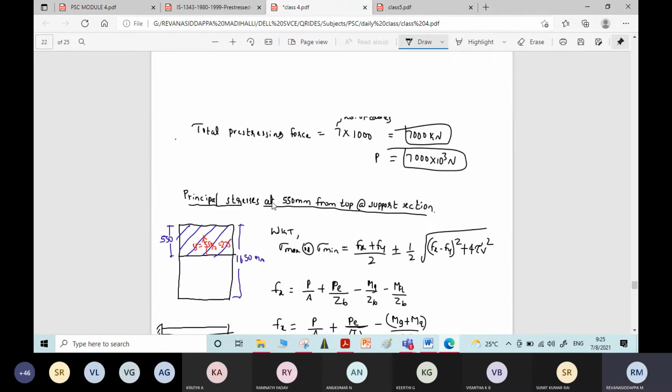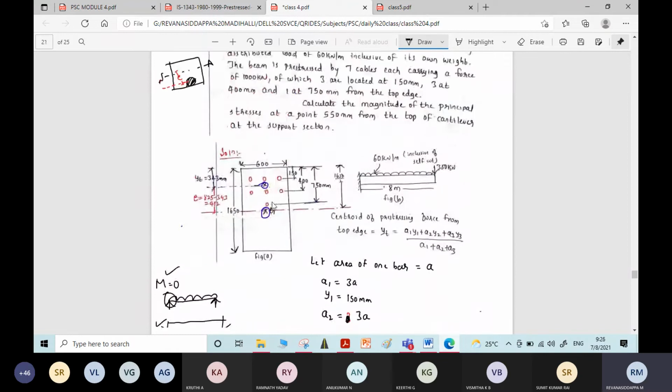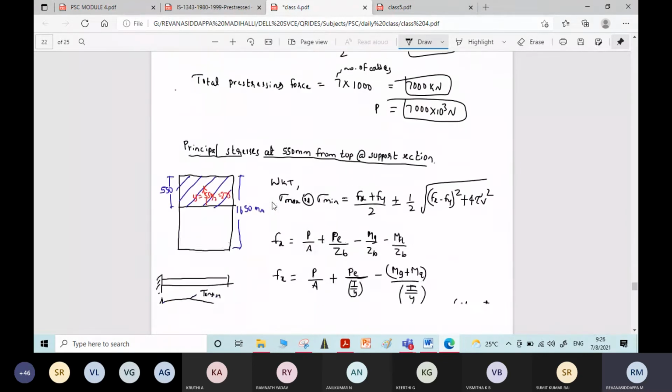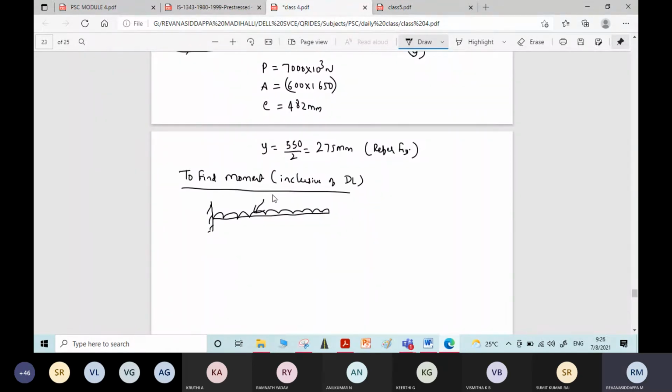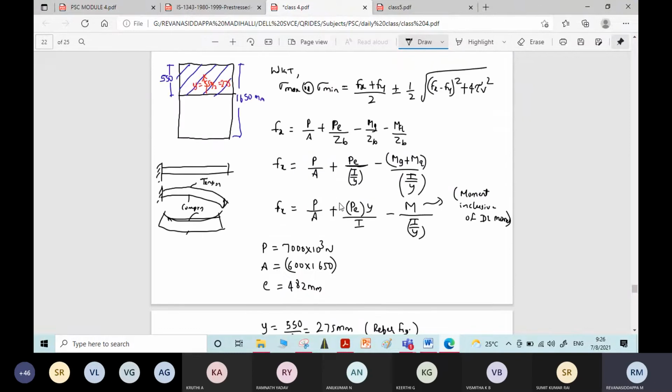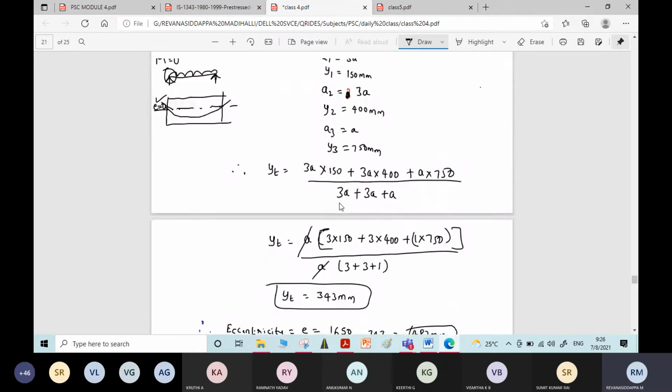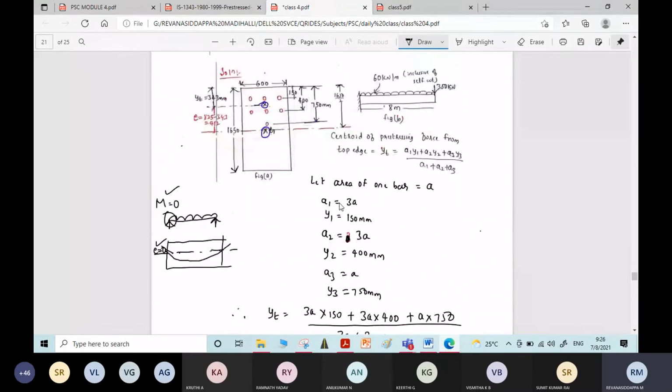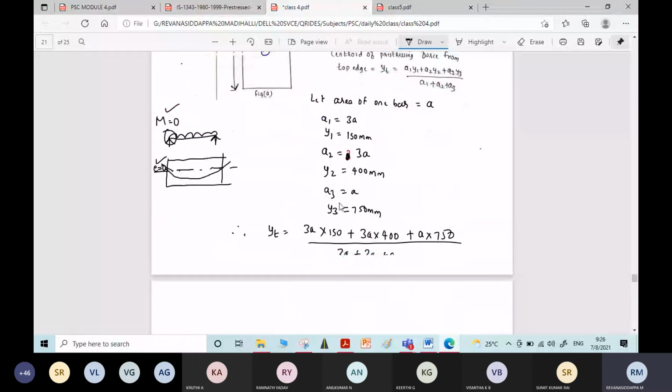Intensity of UDL is 60 kilonewton per meter, and a point load at the end of the beam, that is 350 kilonewton. And here, don't get confused.